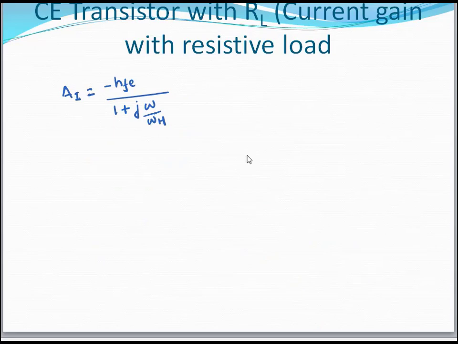So in bracket we can write gb'e is equal to gm by hfe.